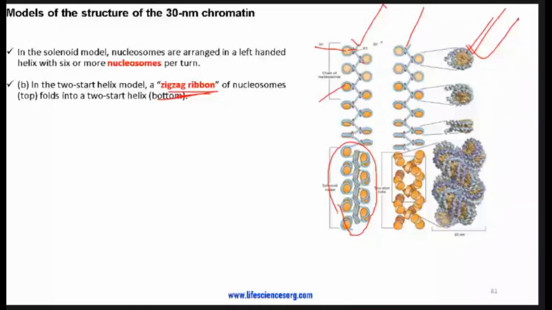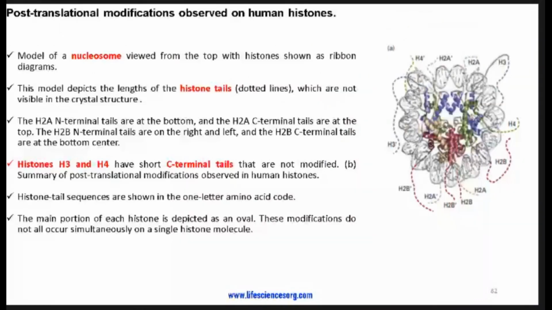Here we already know there are 4 types of histone proteins: H3, H4, H2A, and H2B. Some of the C-terminal tails are coming out, and the histone proteins are acetylated, and their acetylation facilitates the transcription of the genes.